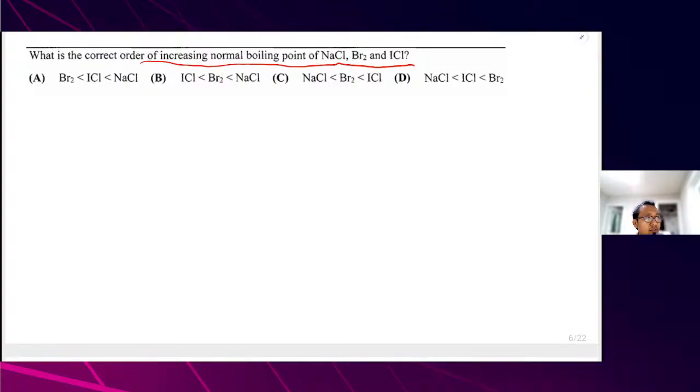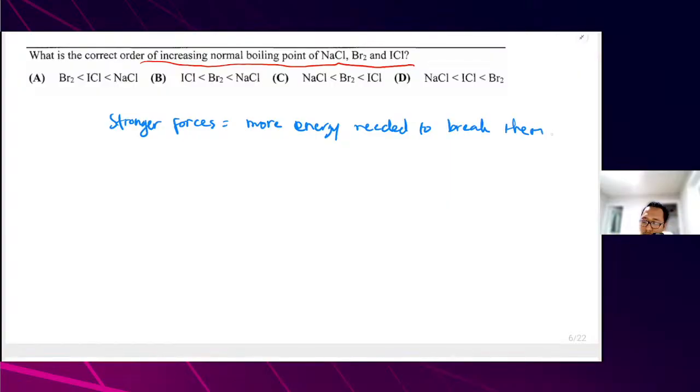So let's break it down first. The key concept is that a stronger force needs more energy to break, which means a higher boiling point.